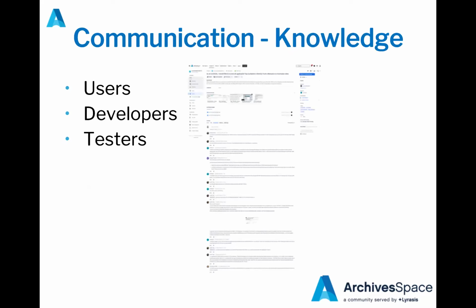Feature requests on Jira are actually the places where three kinds of people meet and communicate on a topic. There are the users, the people who understand the everyday workflows within libraries and archives that ArchivesSpace supports, and they are in need of a specific functionality that is not yet supported, therefore submitting and talking about a feature request.